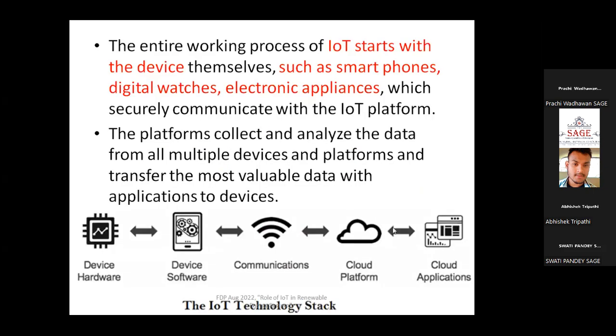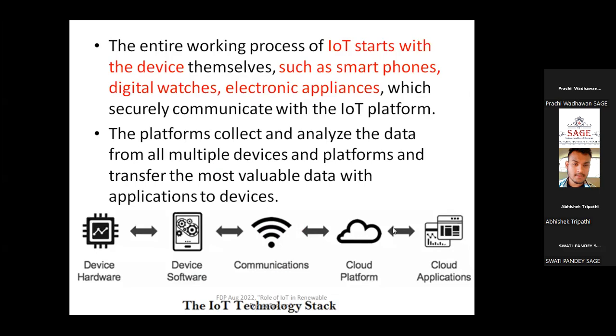And if we see the basic example, this entire process of IoT starts with the devices themselves. At one end there are devices. It could be a smartphone, a digital watch, or any electronic appliance, which communicates securely with the IoT platform.